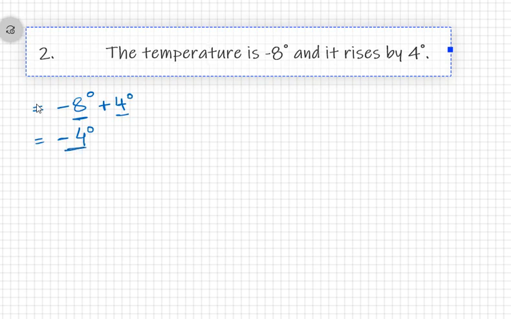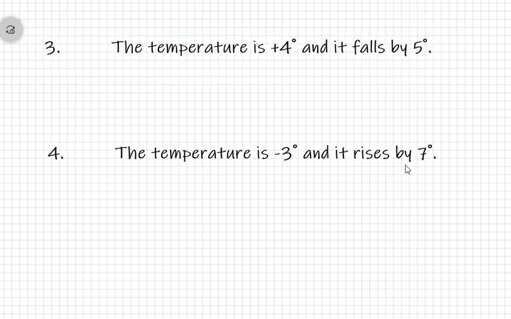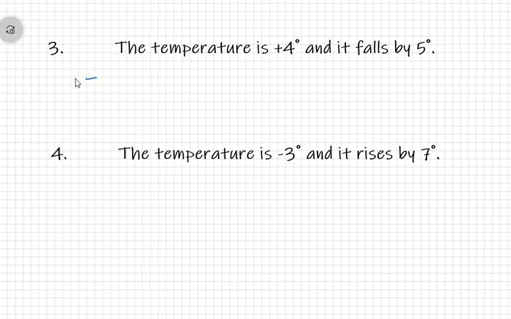Okay. Question 3: the temperature is plus 4 degree and falls by 5 degree. So I am writing here plus 4 degree is the temperature. It falls means minus 5 degree, it moves to the negative side.